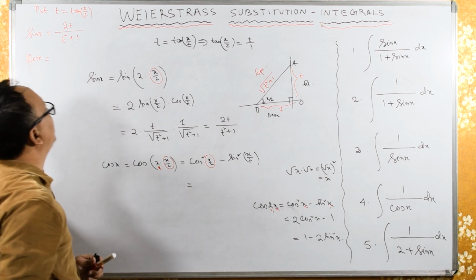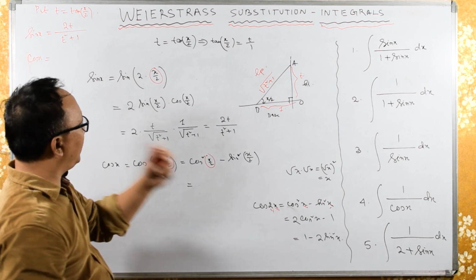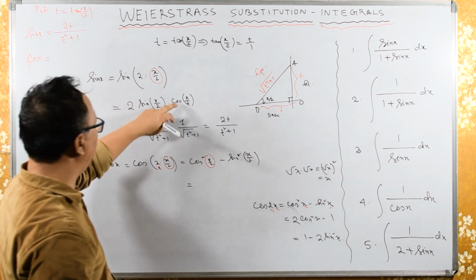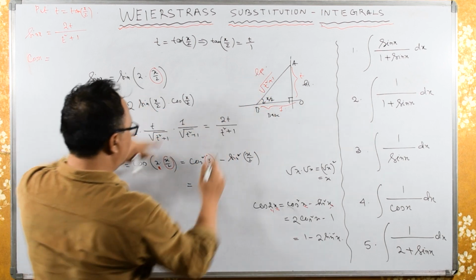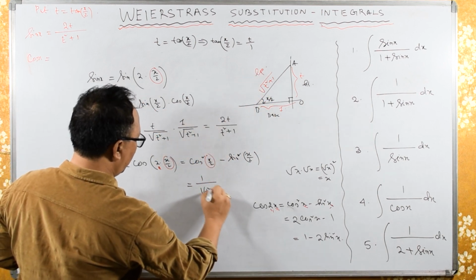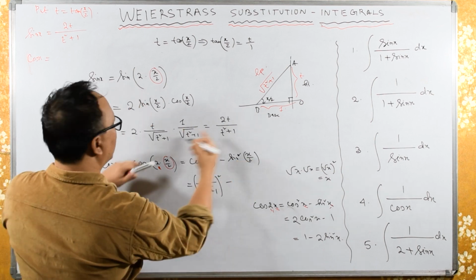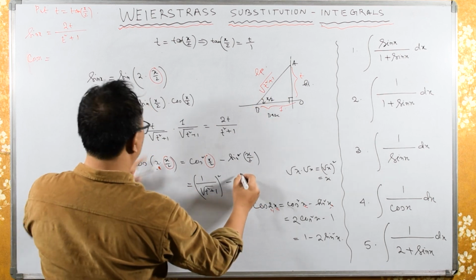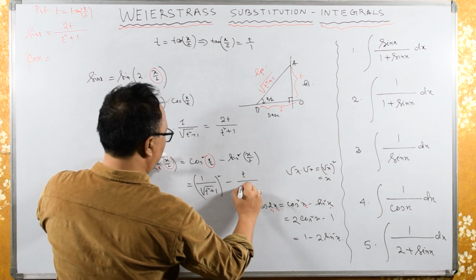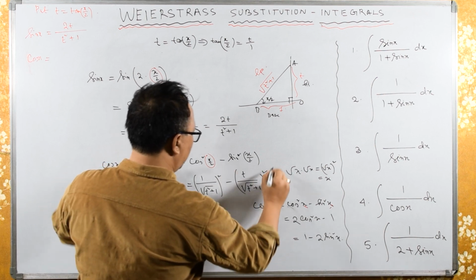What is cos square x by 2? From here, cos is this upon this, 1 upon the square root of t square plus 1, the whole square, minus sin square, which is this upon this, so we have t upon the square root of t square plus 1, the whole square.